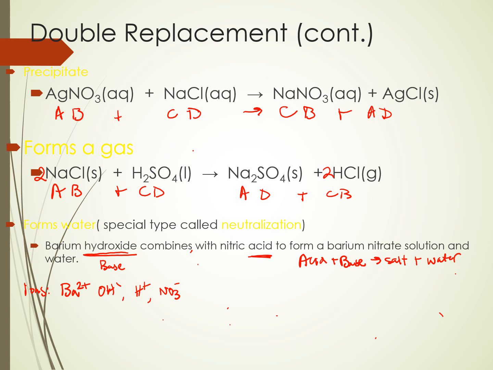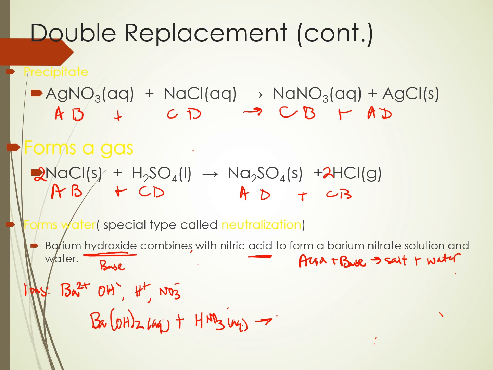So if I look at my chemical formulas to set up my reaction, I have Ba 2+, OH 1-, so I'd have Ba(OH)2, and that would again be aqueous. I have the nitric acid, 1+, 1-, so I just have HNO3, and that would also be aqueous.